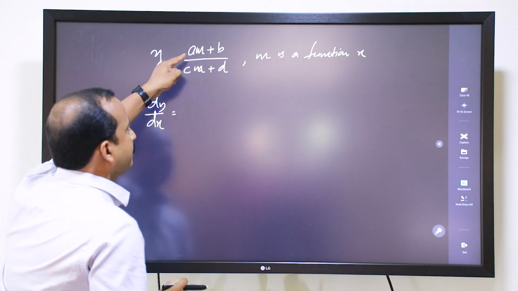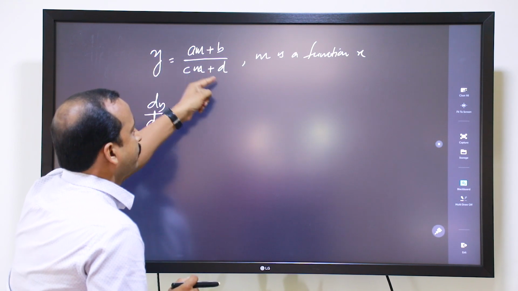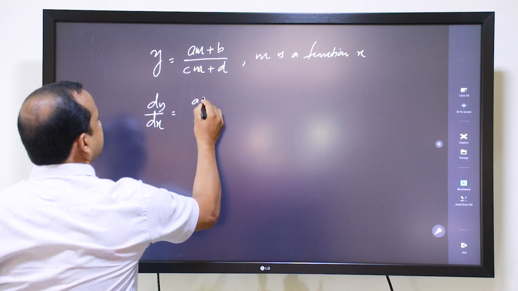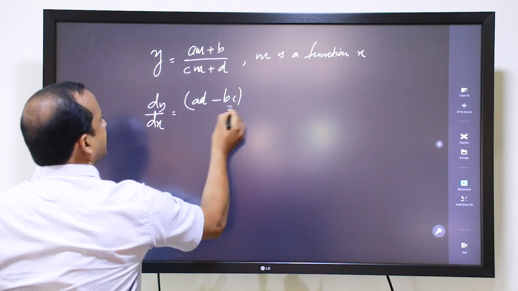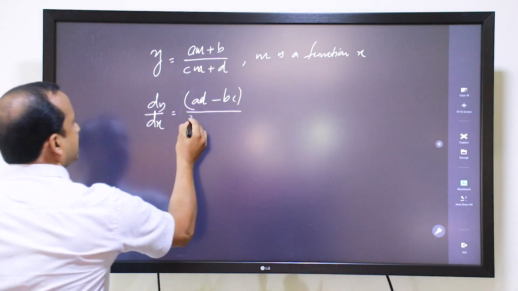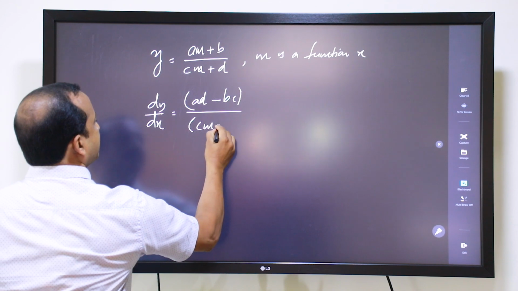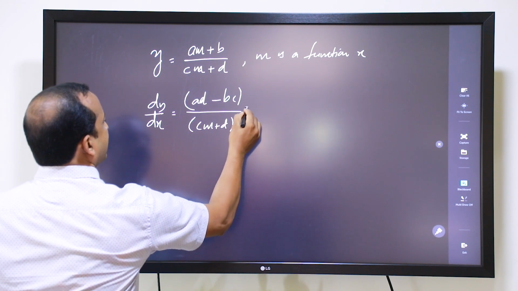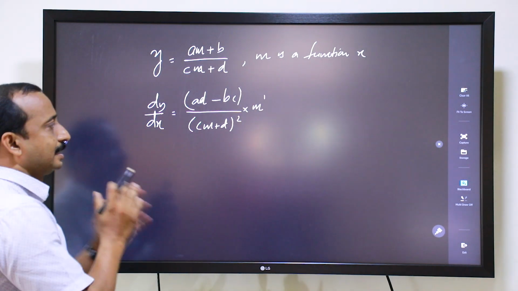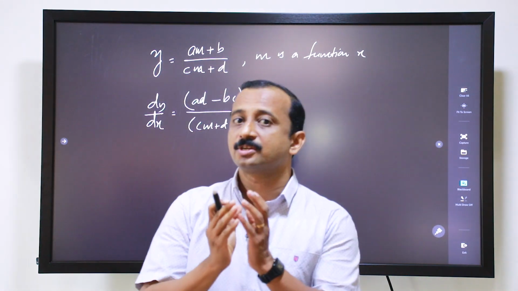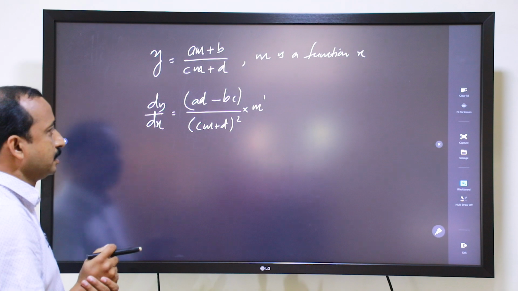That means first we find the product of a and d, that is AD minus BC, the whole divided by the denominator square, that is (cm + d) the whole square, into the derivative of m. Here m is a function with the variable x.